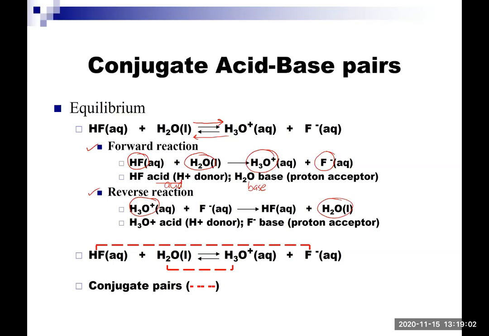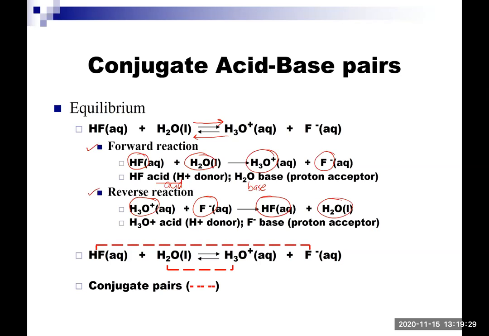In other words, H2O has one less proton. If we look at F minus becomes HF in the products, that is, F minus has one less proton and is more negatively charged by 1 compared to HF.